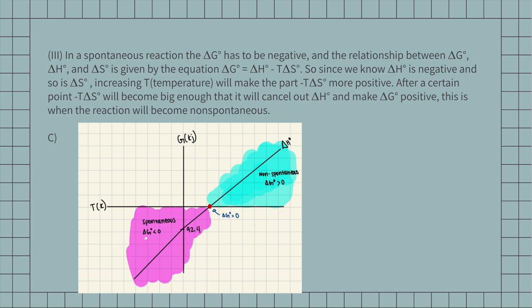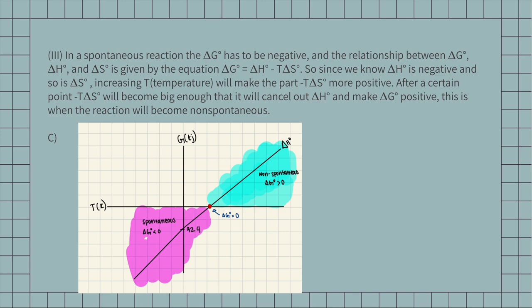After a certain point, the second part of the equation will be big enough that it can cancel out delta H and make delta G positive. This is when the reaction will become non-spontaneous. And this reaction will be spontaneous when the second part of the equation is not big enough, so delta G will be negative.